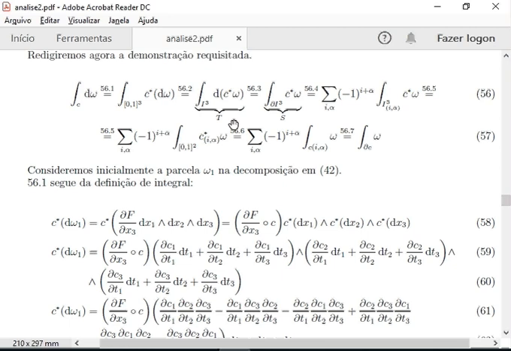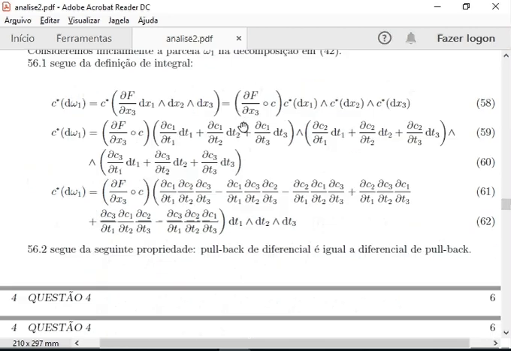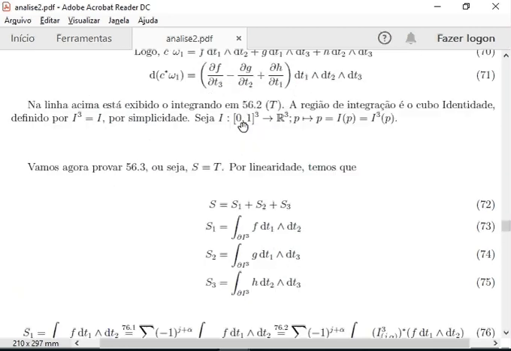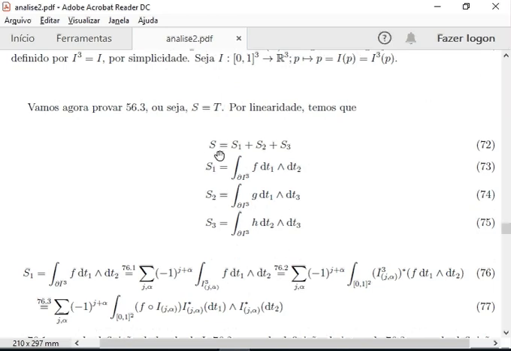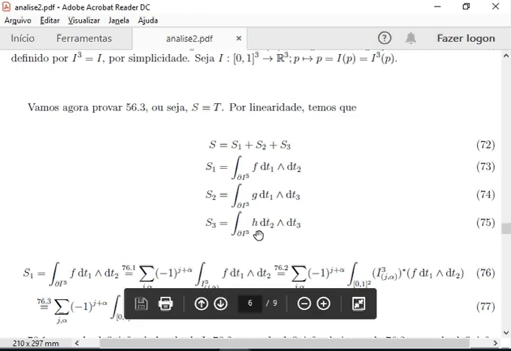We are ready to prove the kernel. S is S1 plus S2 plus S3, where S1 is the integral of f, S2 is the integral of small g, and S3 is the integral of small h.